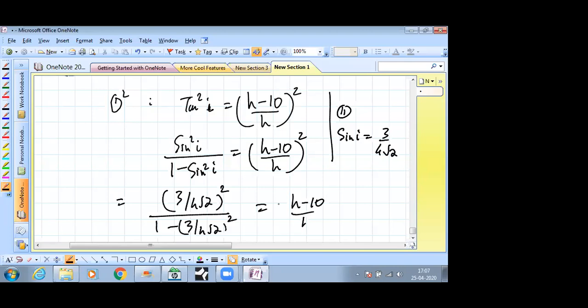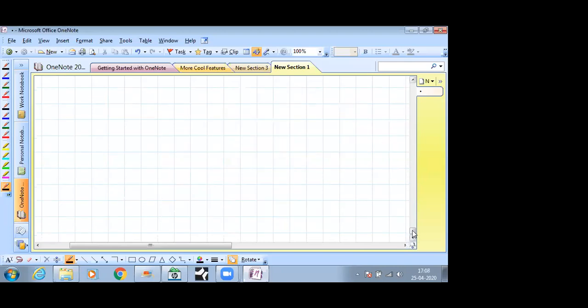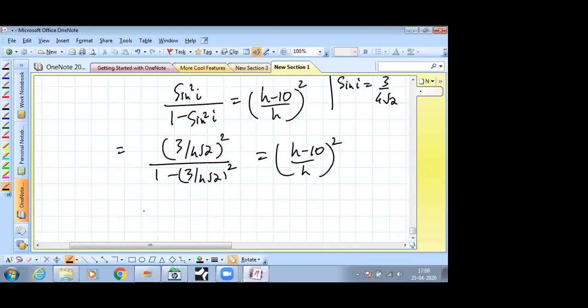Later we'll take the square root of the whole thing, so we don't have to really solve a quadratic equation. So if we just take LCM and cancel out the common denominator, this will be how much? 9 upon 32 minus 9. So 32 minus 9 is how much? 23. Is this correct? So the square root of this should become equal to h minus 10 by h. And from this you calculate the value of h. Then you should get your answer.